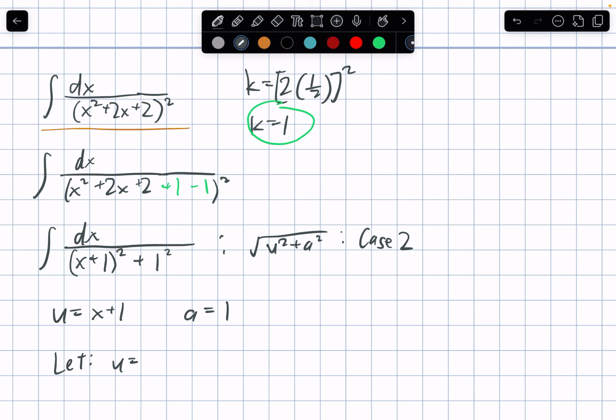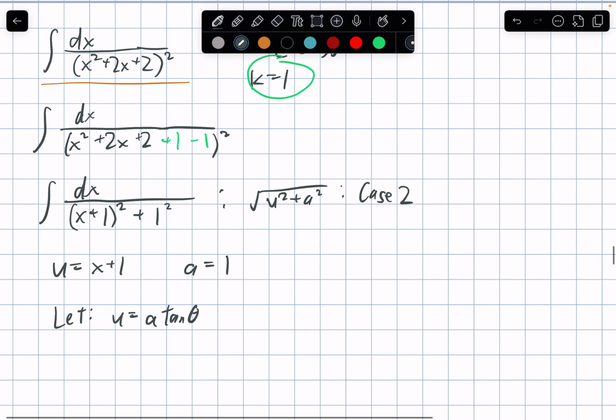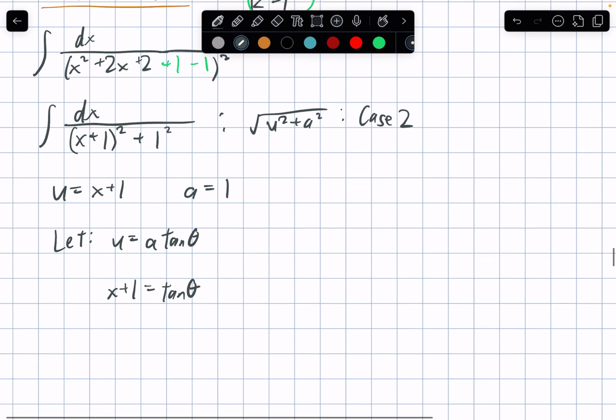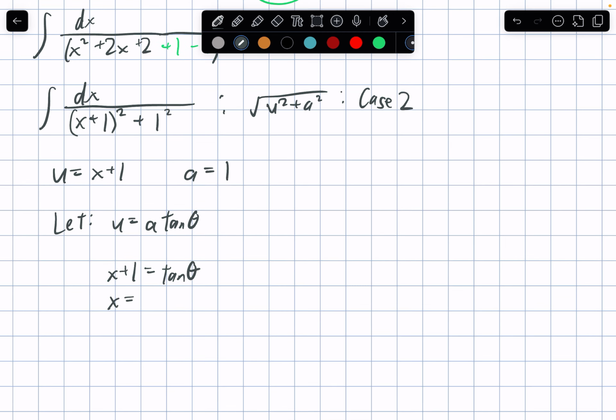So don't forget the a tangent theta. And then you substitute u as x plus 1, and a as 1. Technically, it doesn't change anything. You can just write tangent theta. And then don't forget to transpose, so only x will be seen on the left side of the equation.